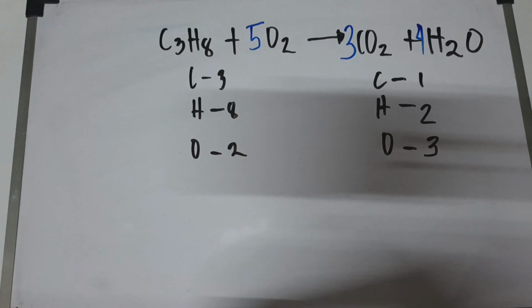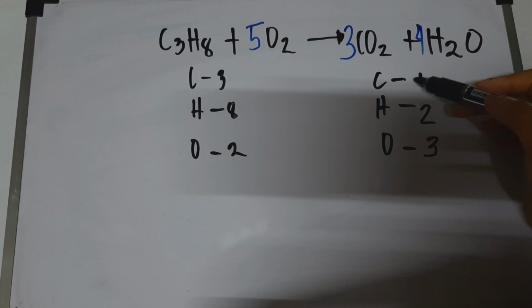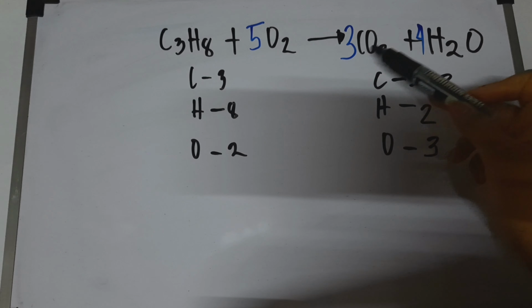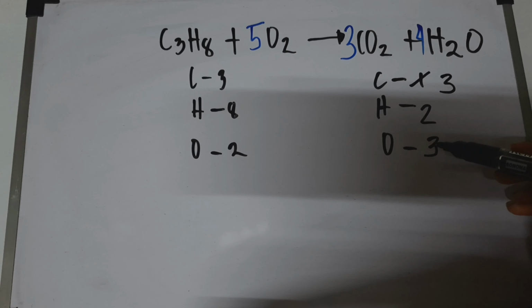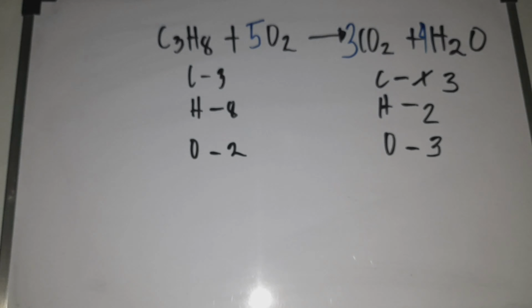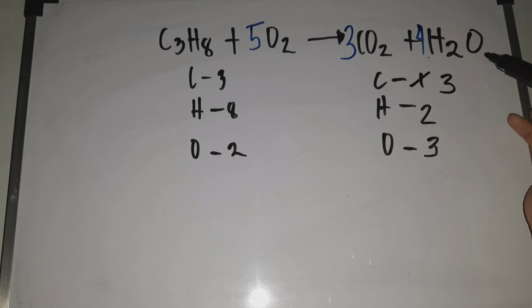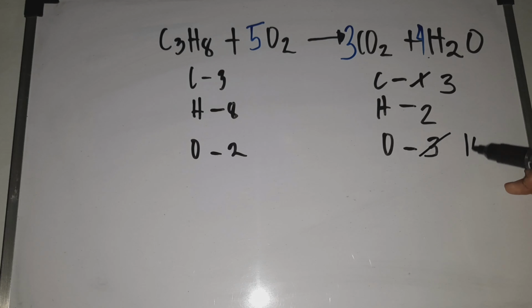So therefore, the amount of carbon will be 3, oxygen will be 3 times 2 is 6, plus 4, it will become 10.